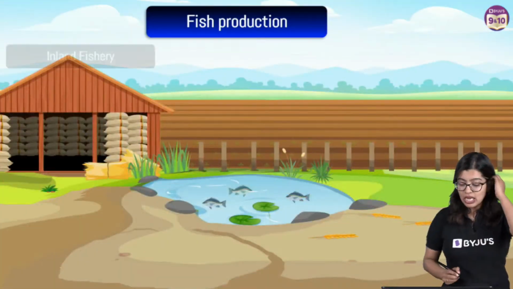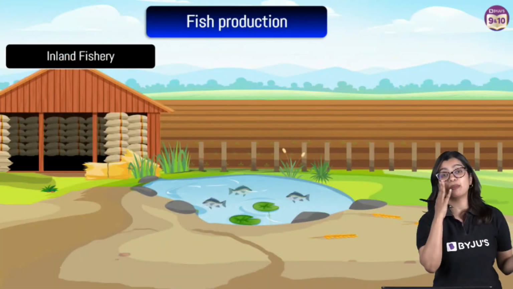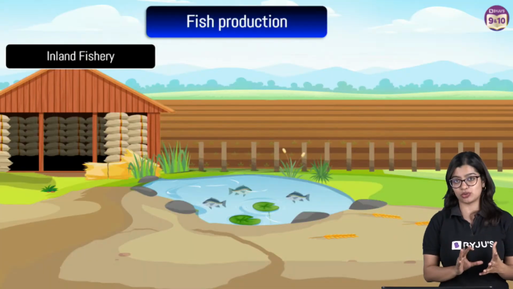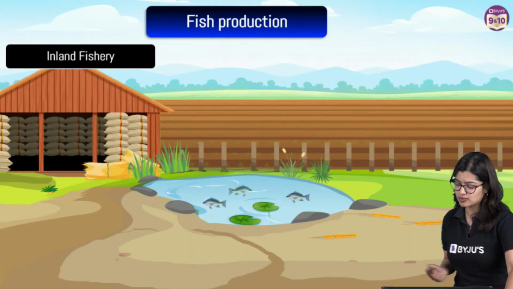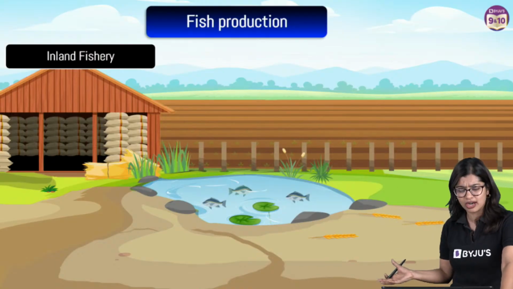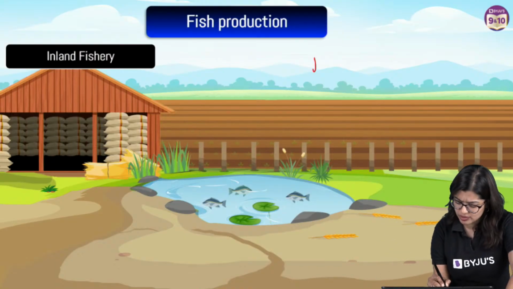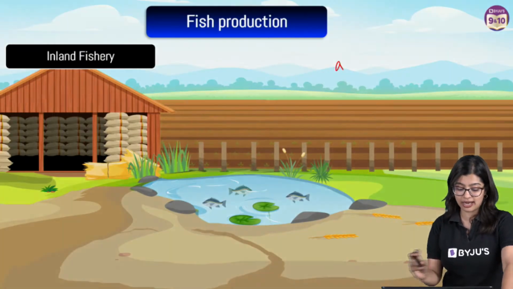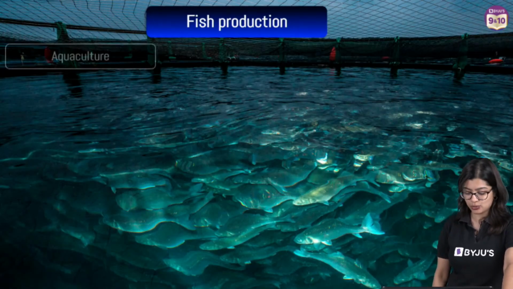Yes? But now, of course, it's not that this is only possible for marine fishes, it is possible for your inland fishes also, or your freshwater sources. Now, your freshwater sources include lake, pond, and rivers. We also have some brackish sources as well, like estuaries. So we see that in all these cases, we are able to rear inland fishes as well, right?